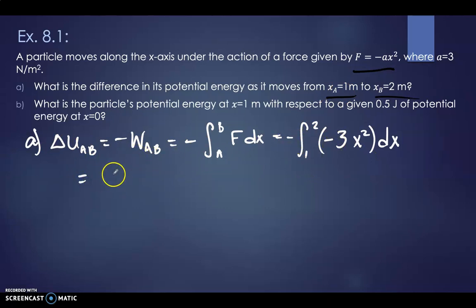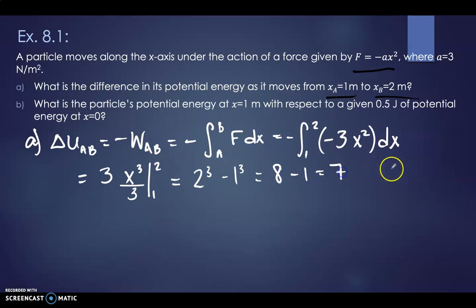So we have a positive now, 3 times x cubed over 3 from 1 to 2. So 3's cross out. We get 2 cubed minus 1 cubed, or 8 minus 1, which should be 7.